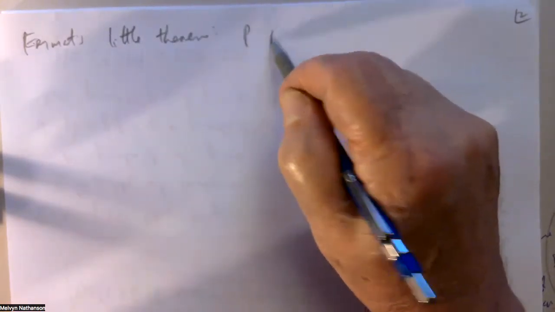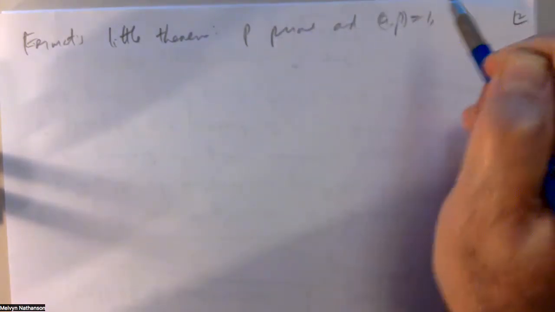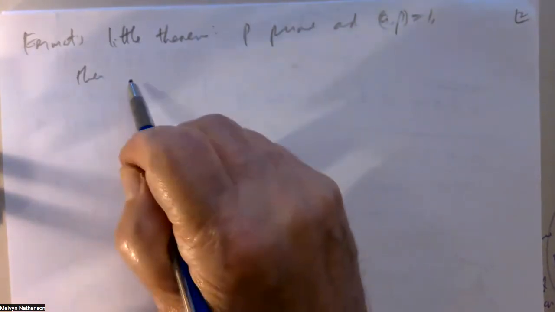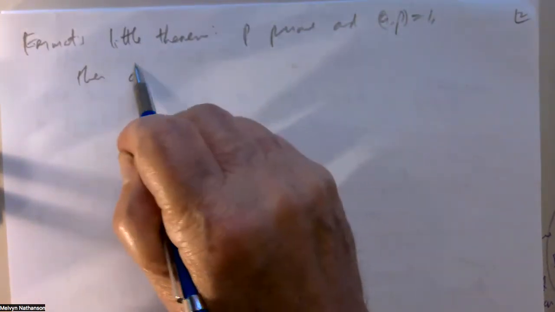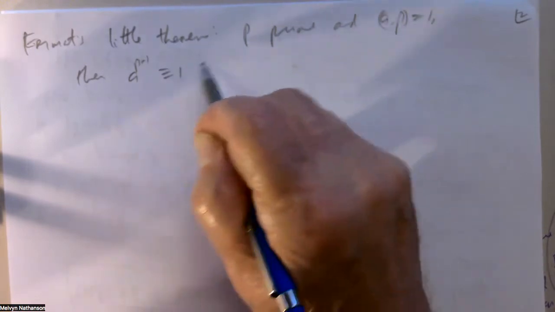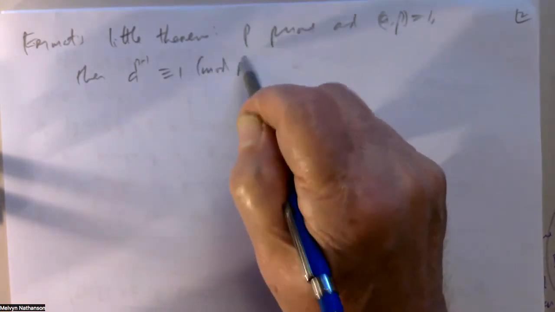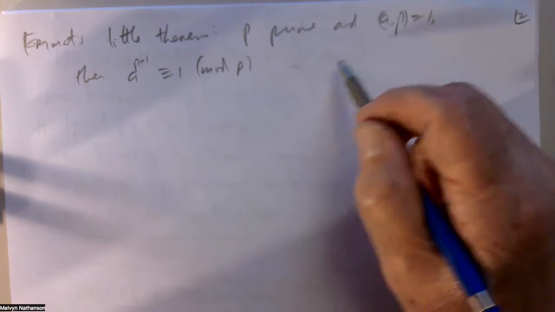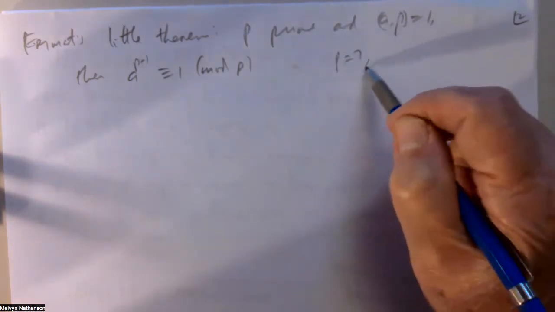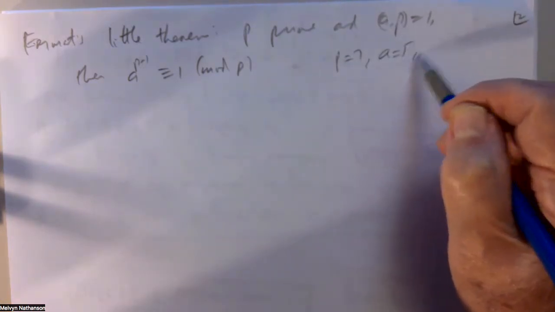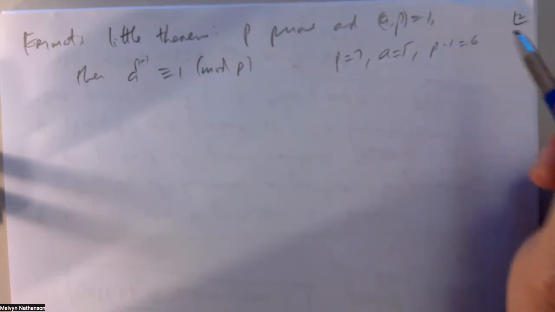It said if P is a prime and A and P are relatively prime, then A to the power of P minus 1 is always congruent to 1 mod P. So if P doesn't divide A, then A to the power of P minus 1 is congruent to 1 mod P. For example, if you take P equals 7, let's say A equals 5, then P minus 1 is 6.